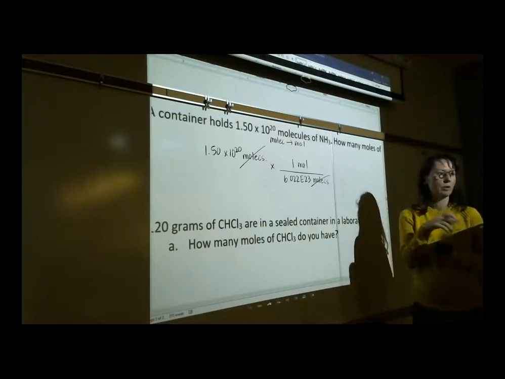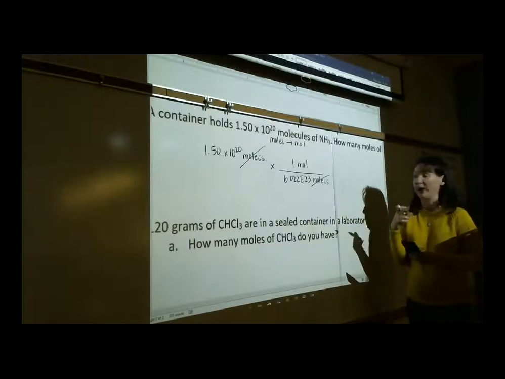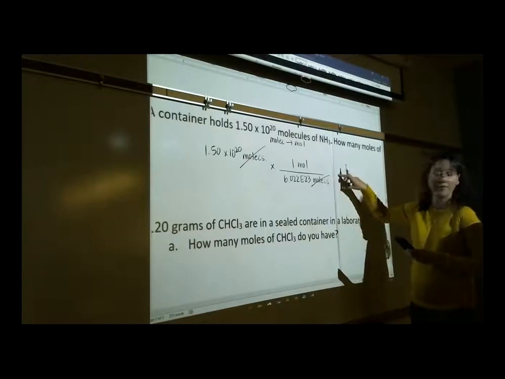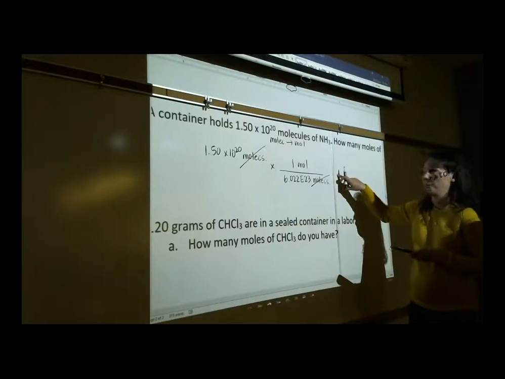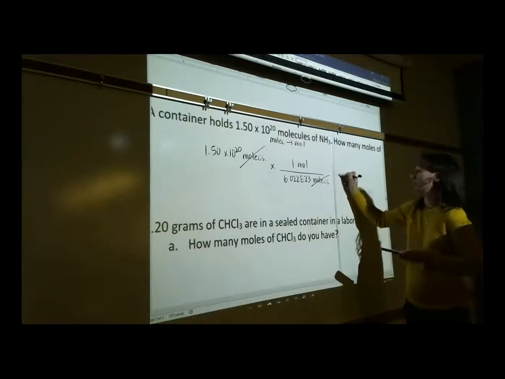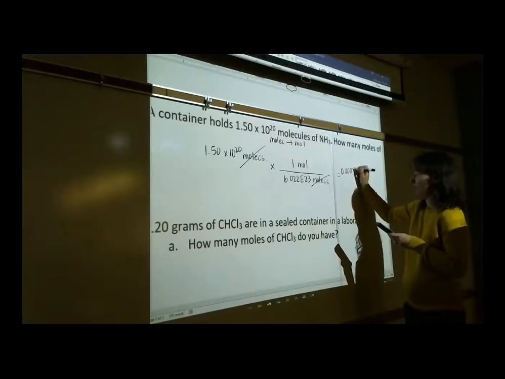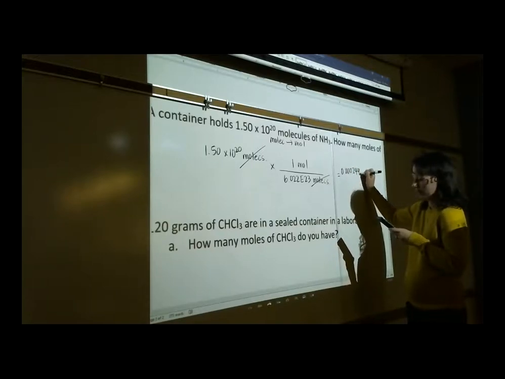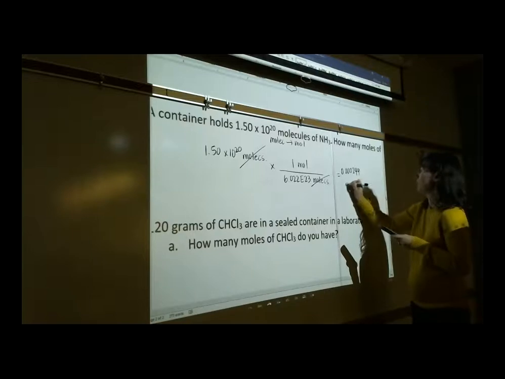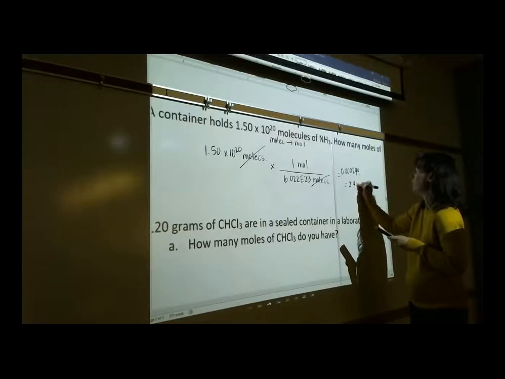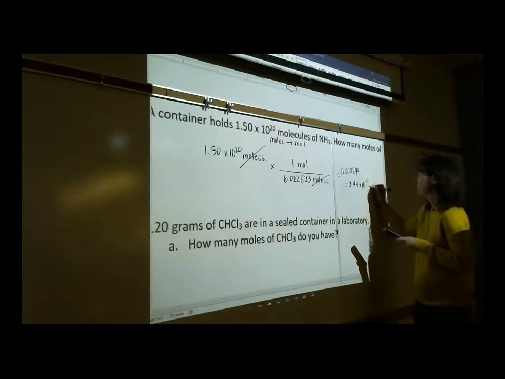When I gave back some of your papers, I saw a couple of you multiplied instead of divided, because I saw some 10 to the 40th answers, right? The answer here would be 0.000249, which we would then write as 2.49 times 10 to the negative 4th, right?